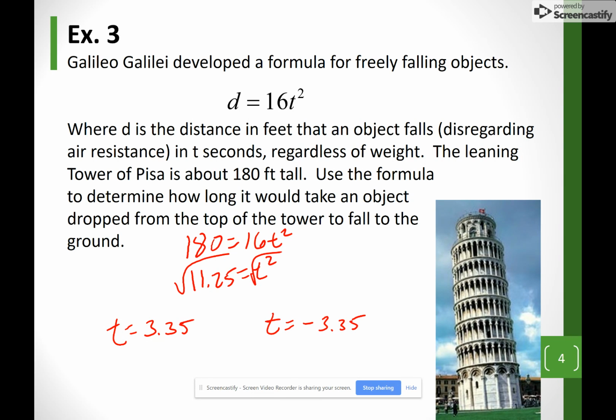Now the negative time means that if I drop something right now, it will fall 3.35 seconds ago. It cannot drop in the past, so I'm not going to accept a negative time. So my answer in this case is 3.35 seconds.